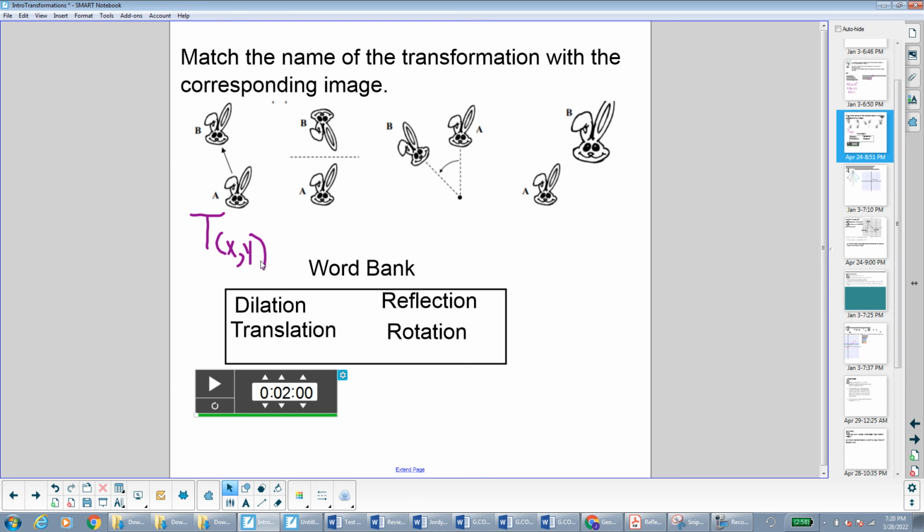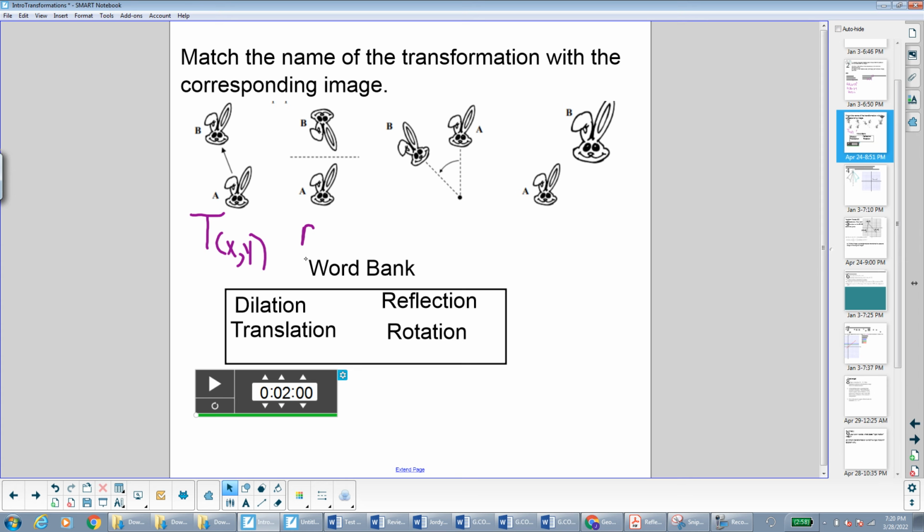On the second image, we have a reflection. Notice that we have our line of reflection, that's the dotted line over here, and we have the mirror image of the bunny face when it's reflected over the line. So that's a reflection, and we indicate a reflection with a lowercase letter r.